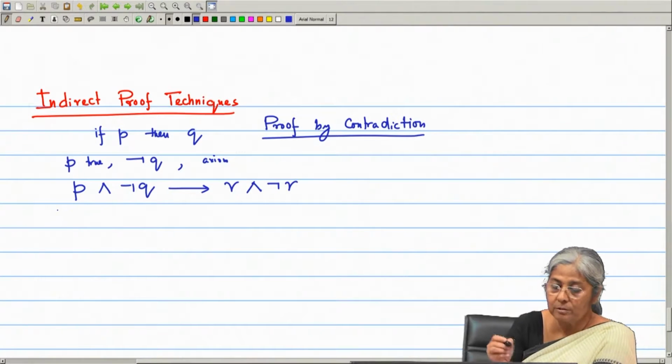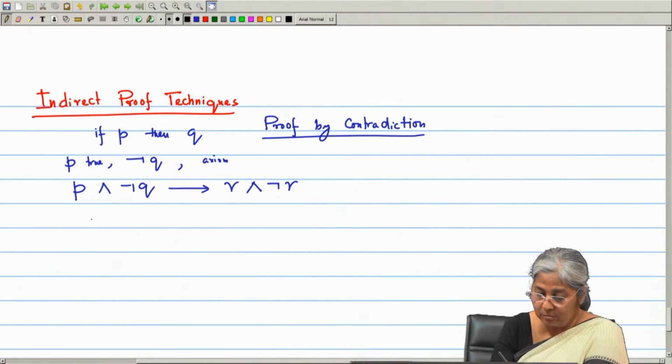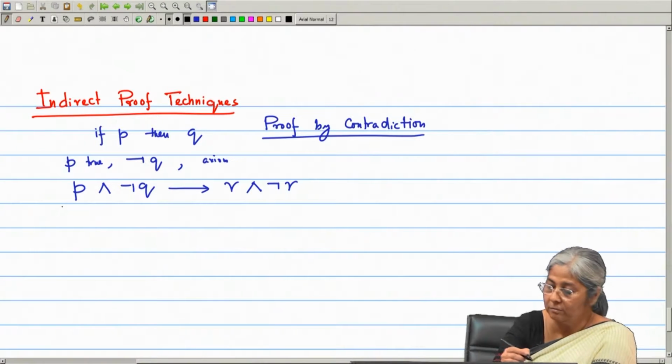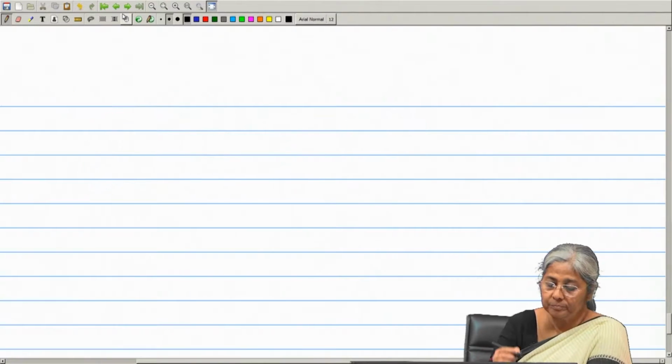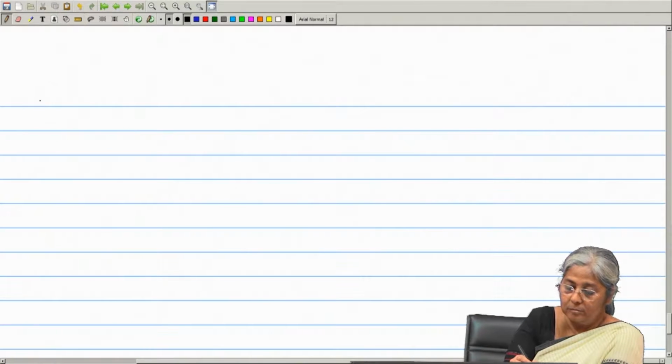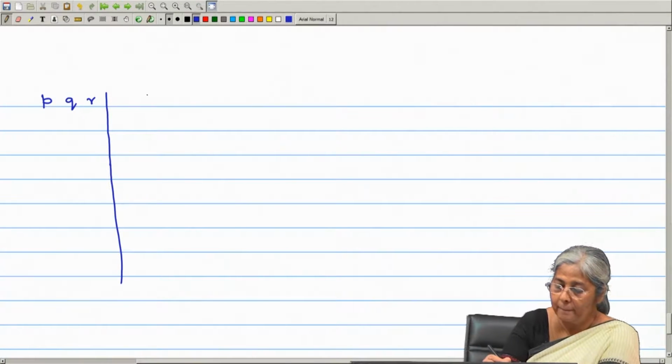We first give a truth table, since here we have 3 propositions, P, Q, R. These are the 3 values.